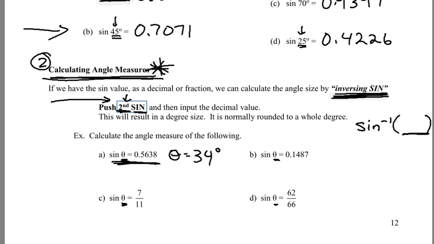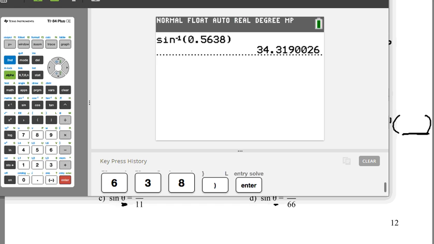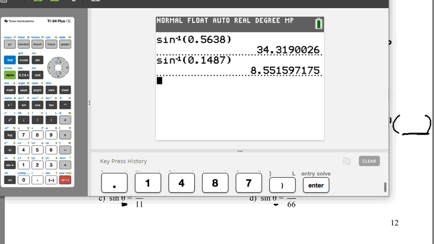So try B, same thing. Sine theta, decimal 1487. Want to find the angle, so we have to second inverse sine. And the decimal there is 0.1487. Close the bracket, hit enter, and how big is our angle in that case?